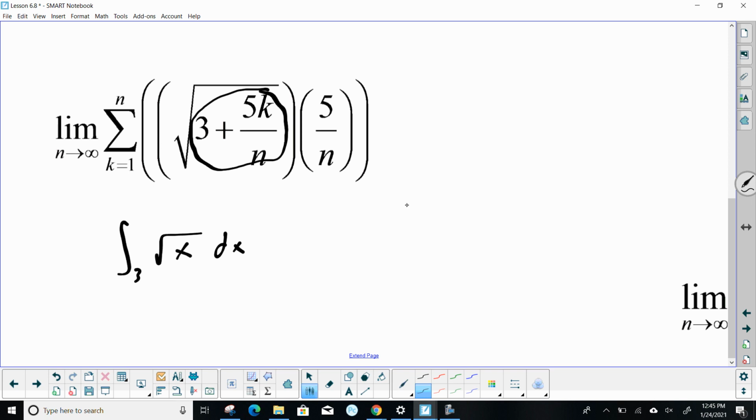I know that b minus a over n has to equal 5 over n, which really means that b minus a has to equal 5. Well, a is 3, so b minus 3 has to equal 5. That means that b has to equal 8. There's my definite integral right there.